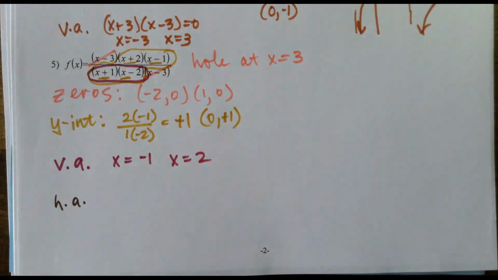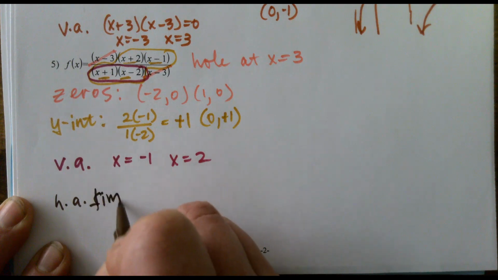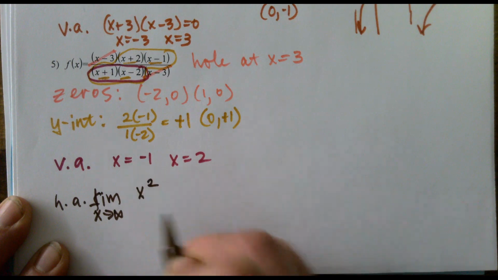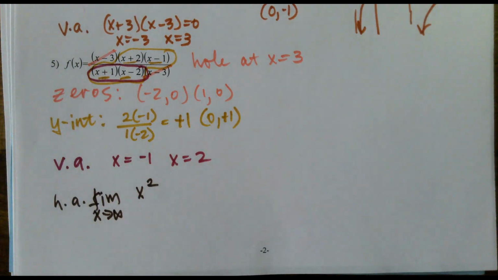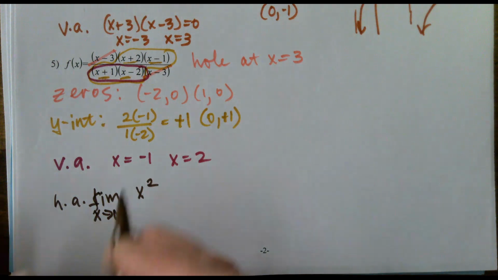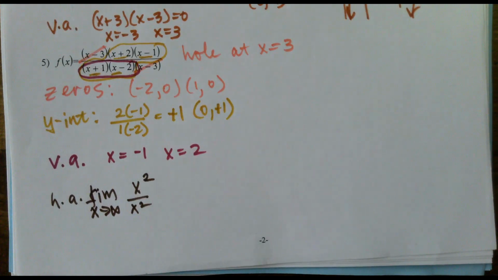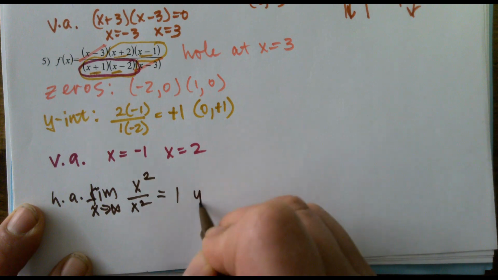So my limit as x approaches infinity is going to act as though it has a highest power of x squared on the top. Again, because the x minus 3 is gone. How is it going to act on the bottom? Same way, like x squared on the bottom. Do I care about all the other garbage that comes with it? No, because end behavior only looks at our highest powers. And so I end up with a limit of 1, and so I'm going to graph that as y equals 1.